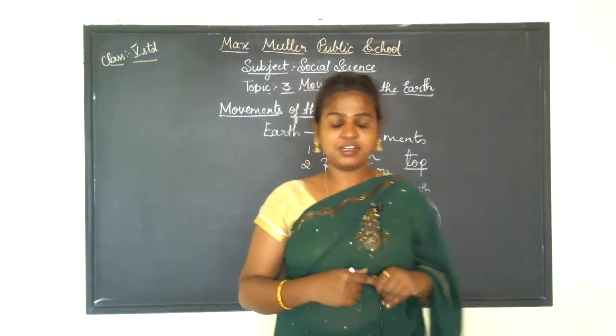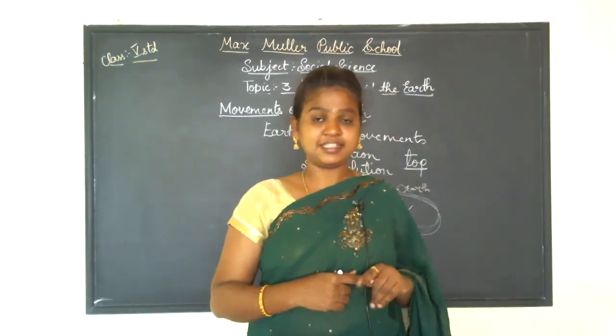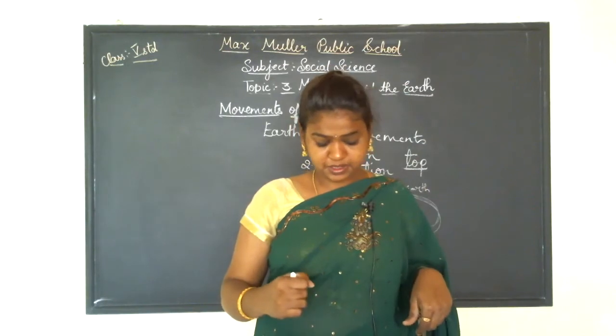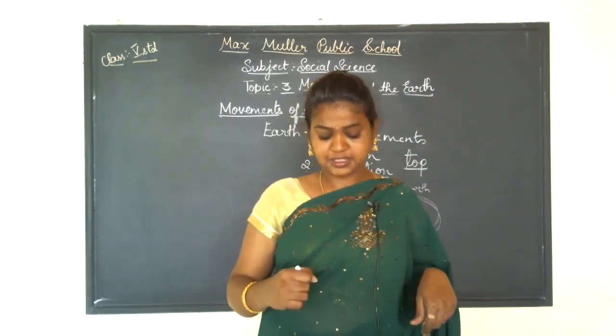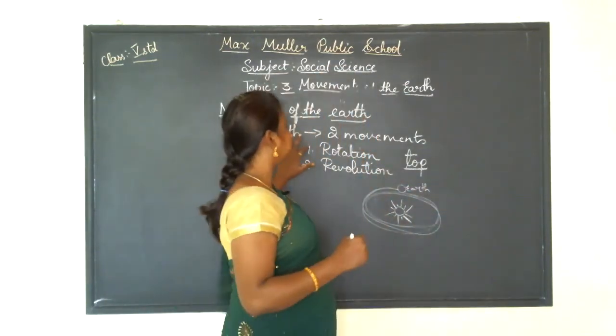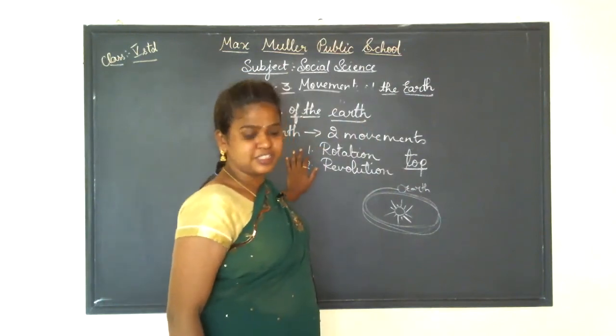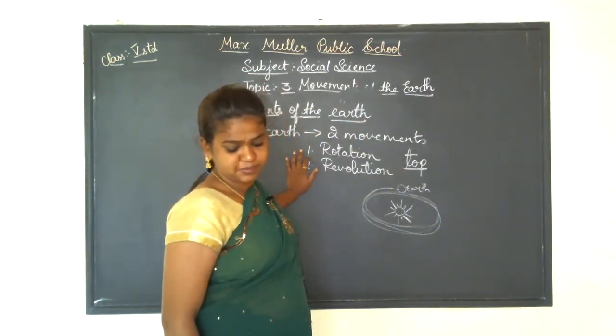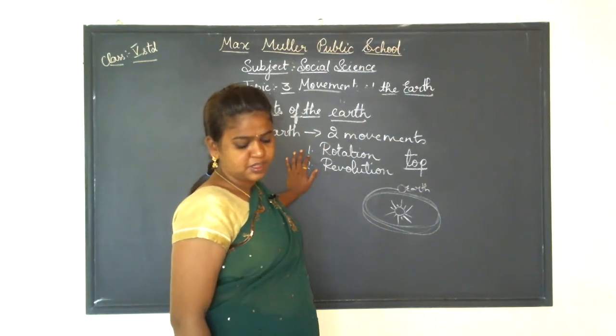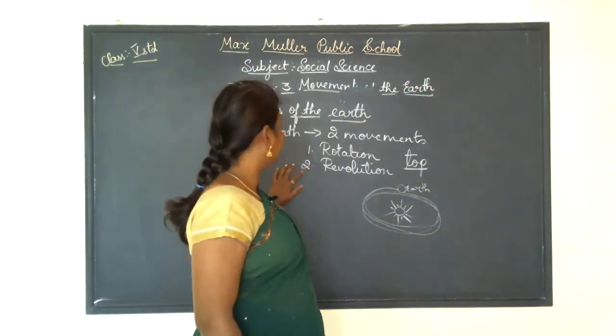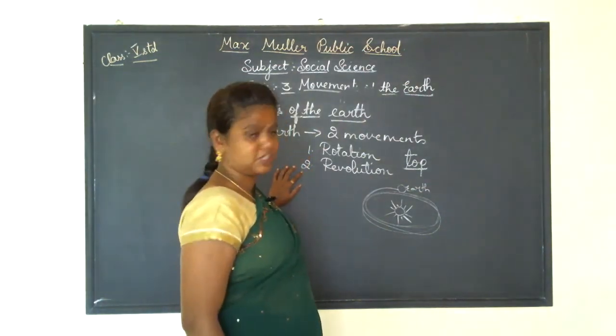So when it rotates on its own axis, that movement is called rotation. The first movement is called rotation, and the second movement around the sun is called revolution.